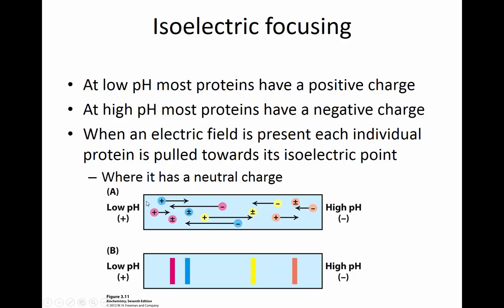So essentially, your isoelectric focusing gel will have a low pH at one end and a high pH at the other end. And sending an electric field through it is going to separate these proteins in terms of where they feel most comfortable, where they're neutral in charge.